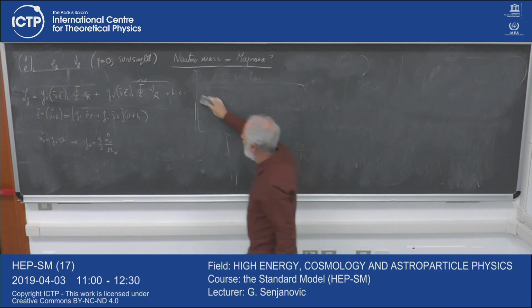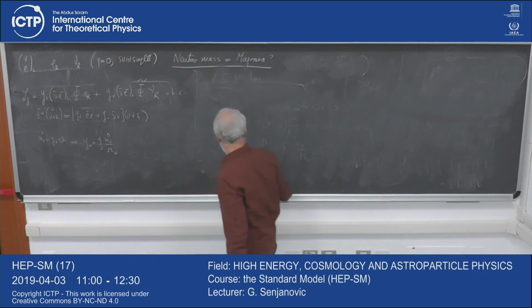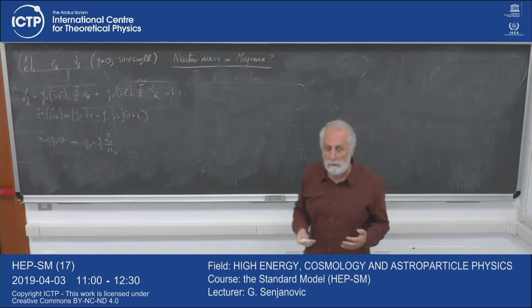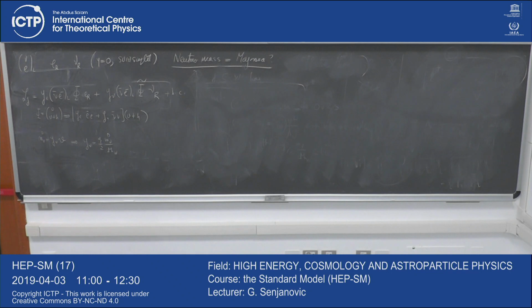But in recent weeks I've been stressing that if you want to write the renormalizable standard model analog, you should write all the invariant gauge interactions. And I didn't do it here. What is it that I forgot?